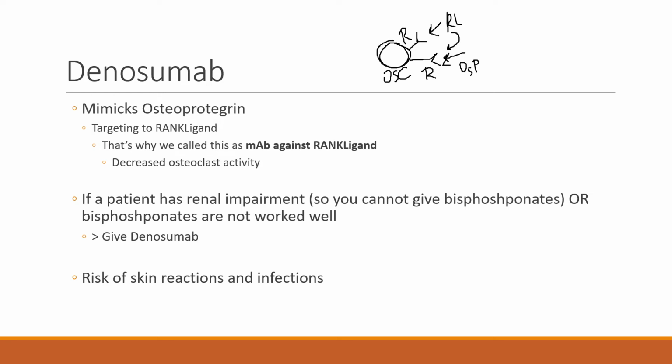That's why denosumab, which mimics osteoprotegerin, will decrease osteoclast activity, because it is a molecule like osteoprotegerin.